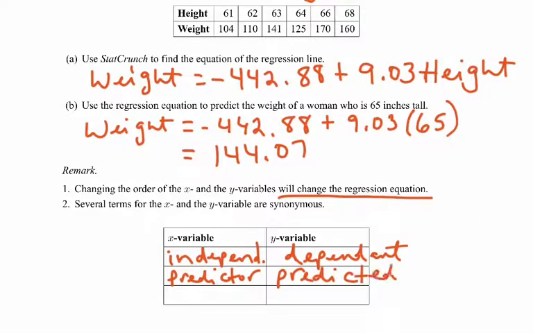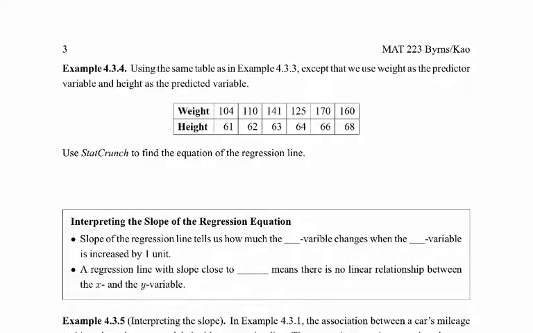Another term you might see is explanatory. So the X variable we might call the explanatory variable, and the Y value we might call the response variable. These are all used interchangeably to represent the two variables that you're working with, so keep those in mind because you're going to hear them all.